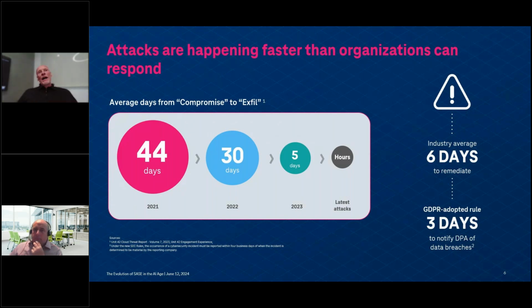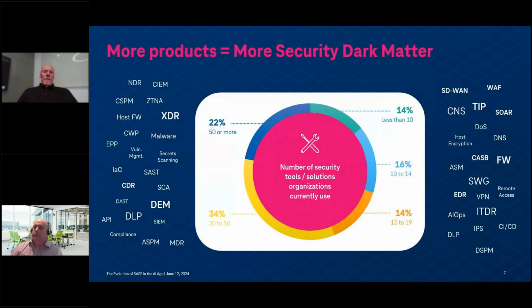So if we look at how the security industry is responding to that, the traditional approach when confronting issues like this has been to throw point products at each element of the problem as it arises.